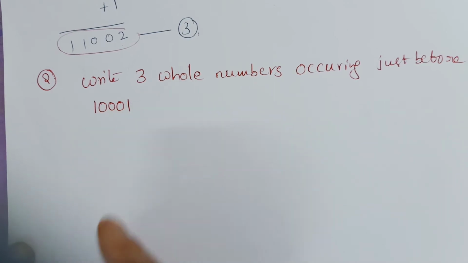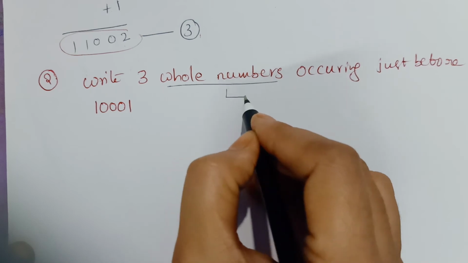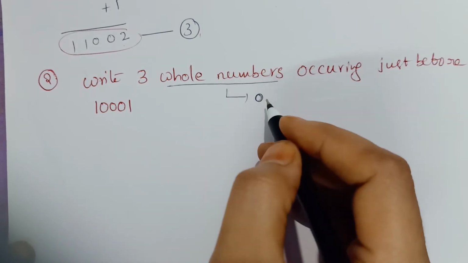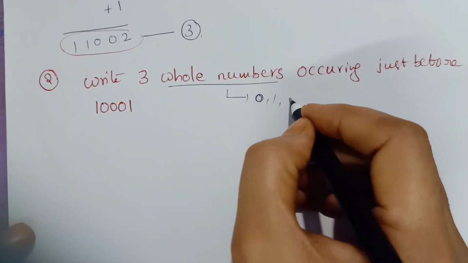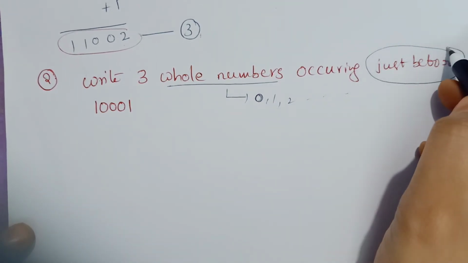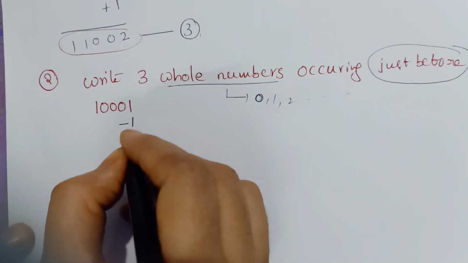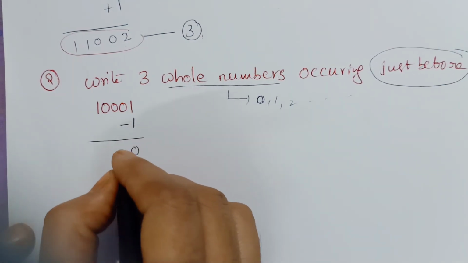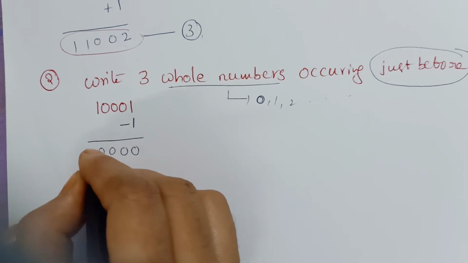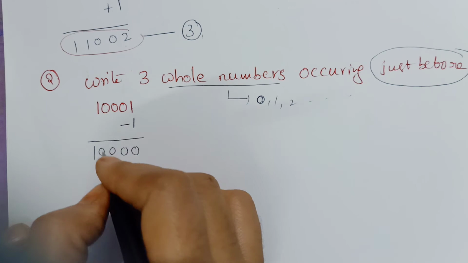We already know that whole numbers start from 0, 1, 2, like this. They asked for just before, so just do -1. You will get 10001 minus 1, which is 10000.